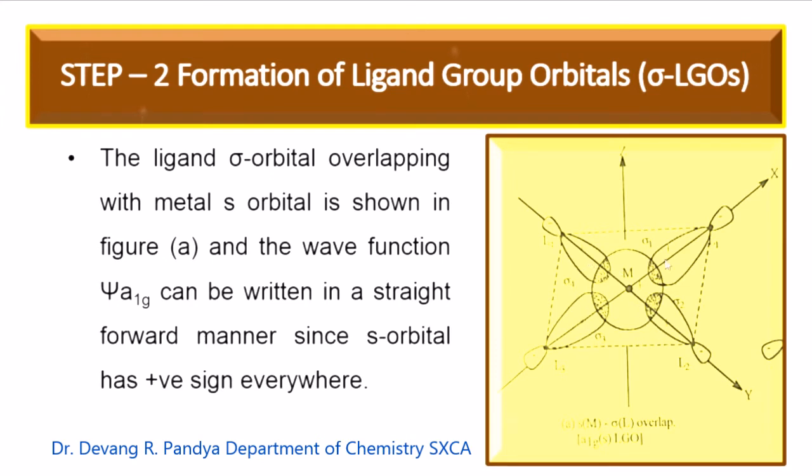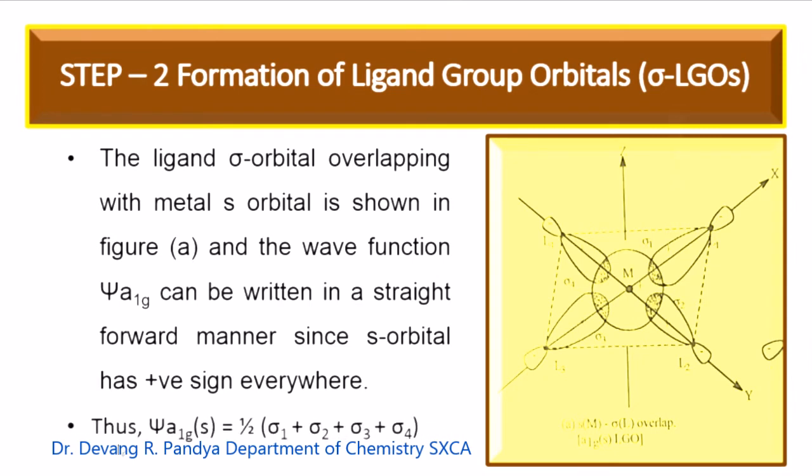So this overlap results in 1 upon 2 (sigma 1 plus sigma 2 plus sigma 3 plus sigma 4). That is the A1G sigma LGO. Thus the wave function can be represented as 1 upon 2 (sigma 1 plus sigma 2 plus sigma 3 plus sigma 4).